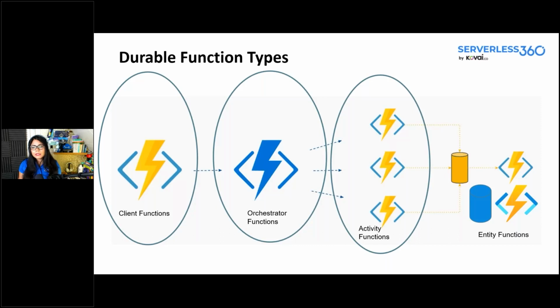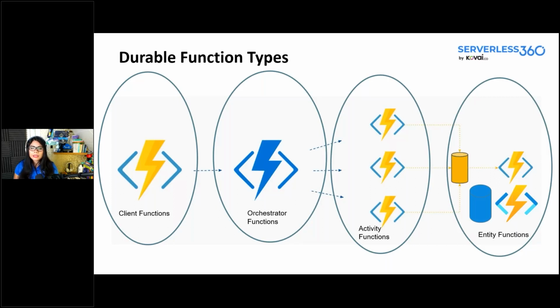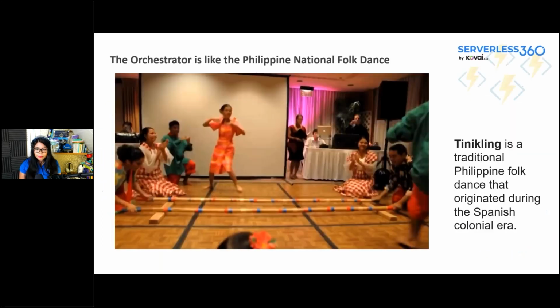They are like the typical standard Azure functions that we have in our serverless solutions in Azure Functions. And then there's also entity functions that are used for durable entities for .NET, which is also an alternative if you want to work with entities.